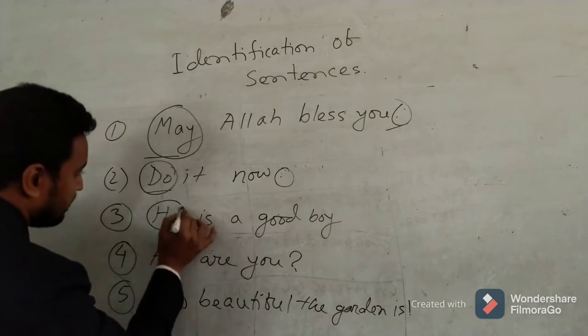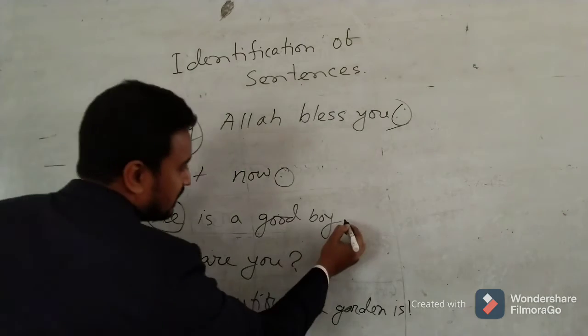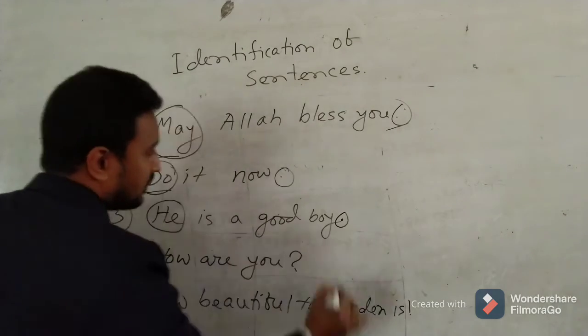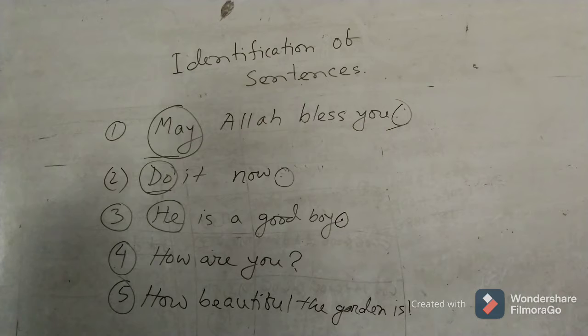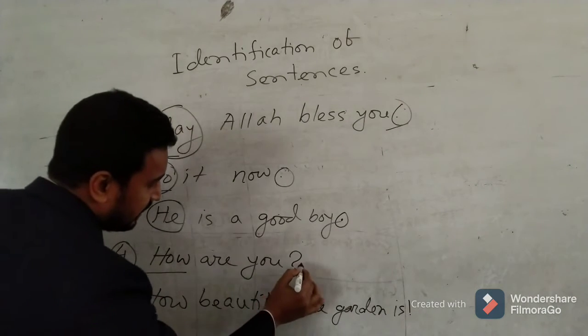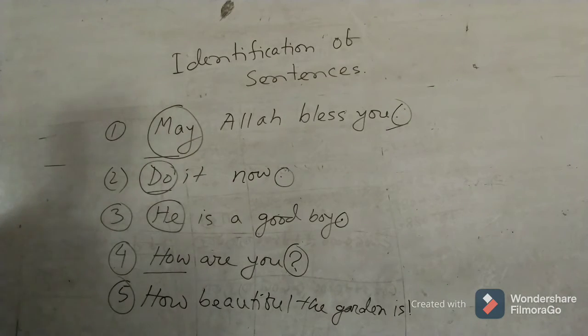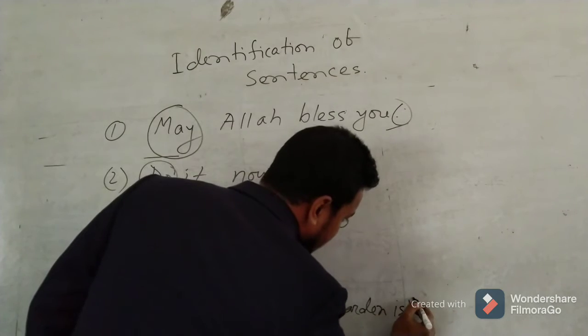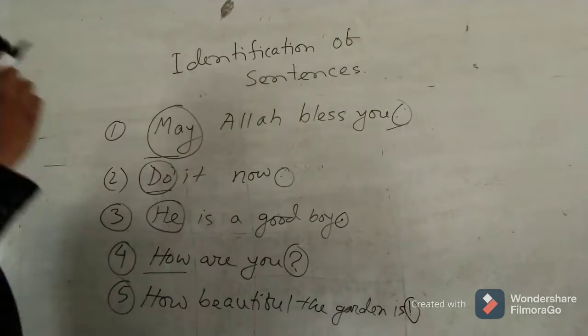Third sentence, a subject, and last of all, a full stop. Fourth sentence, a double word at the beginning and a question mark at the end. And fifth sentence, we have an exclamation at last.